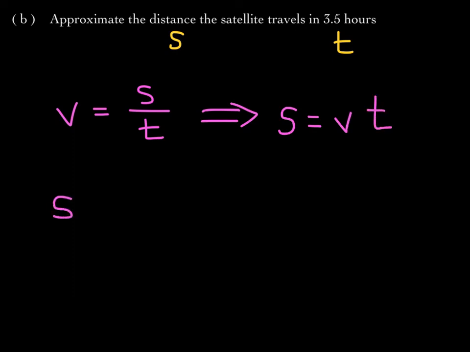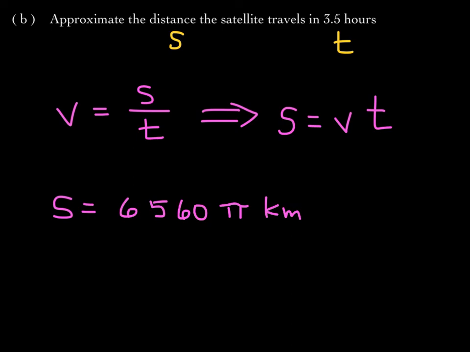So let's use it. So the distance will be equal to linear speed. Now, we found an exact answer for linear speed a minute ago. We found it to be 6,560 pi kilometers per hour.